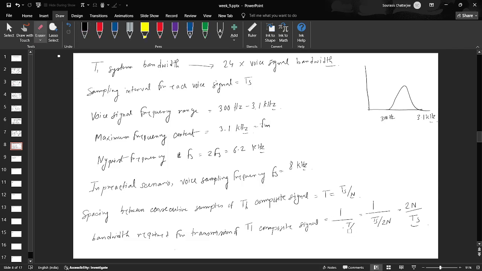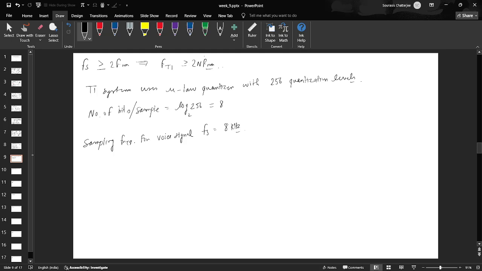There won't be any 2 here, it's just 1 over T. So these two parts won't be there, it's just n times fs. I was thinking in terms of fm, but that was wrong.